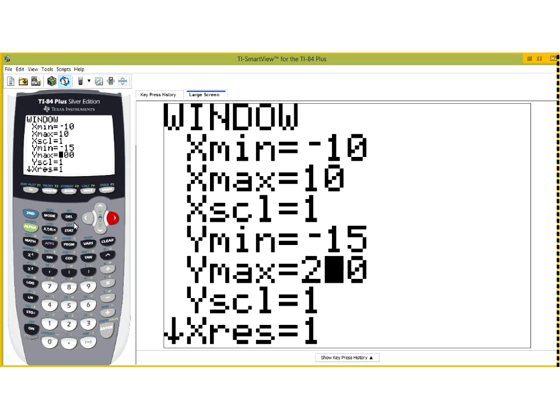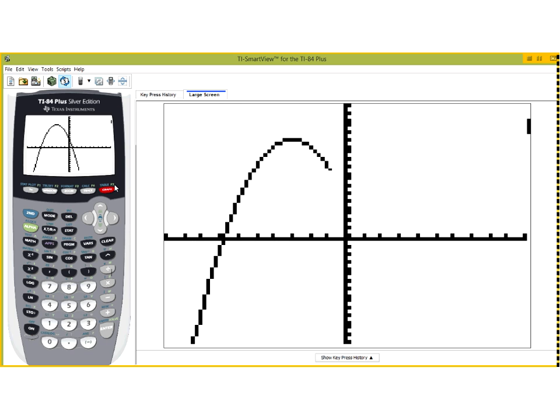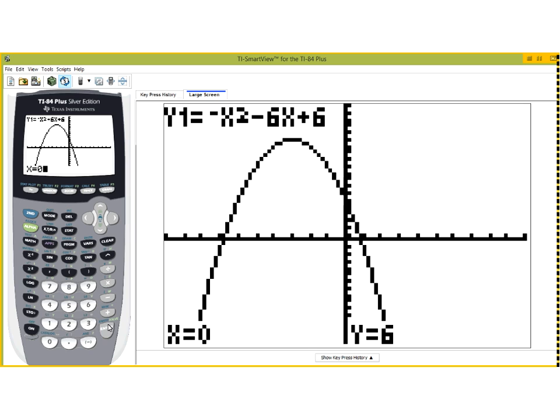Okay. Delete one of those. Okay, so I need to be higher than my maximum if I want to see the whole thing. Okay, so now I hit trace, and I'm going to do x equals 0 to get the y-intercept of 6, which is what I had before. I'm going to type in minus 3 plus the square root of 15.